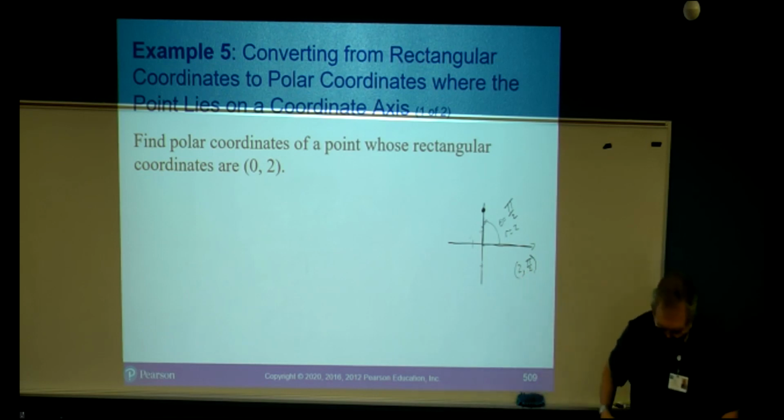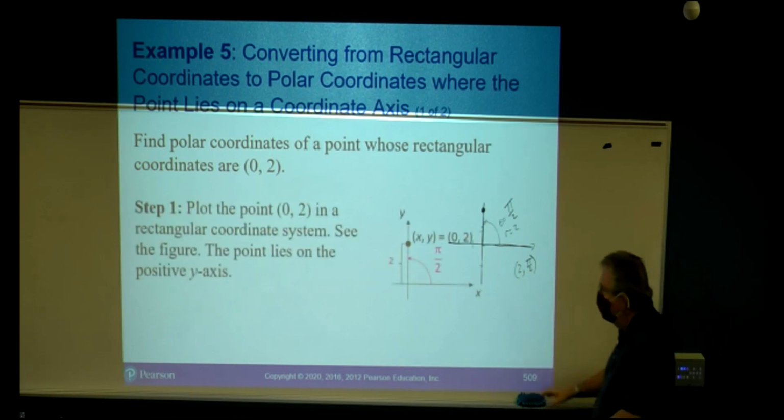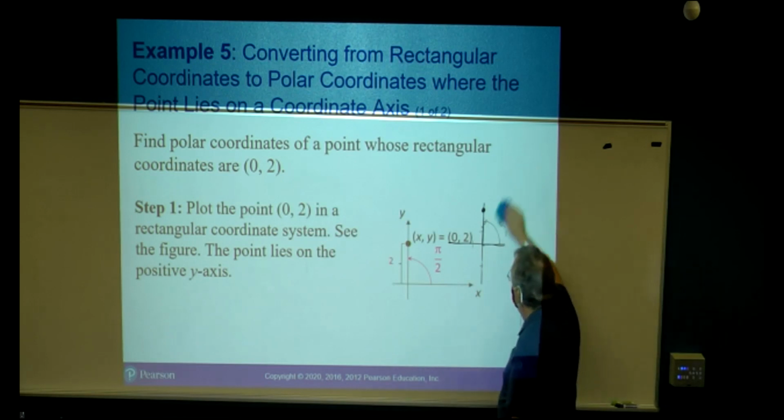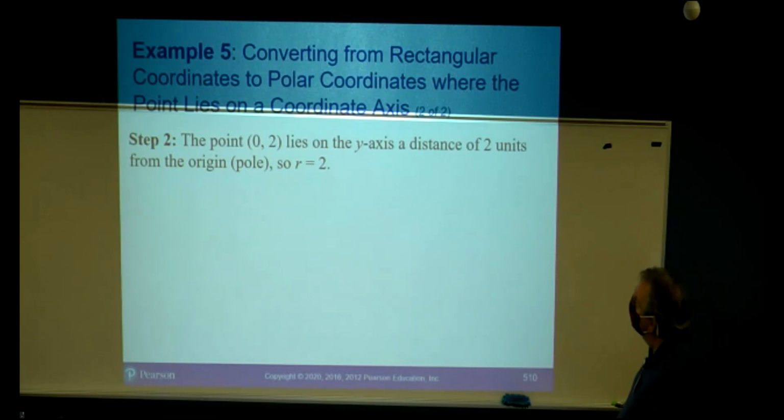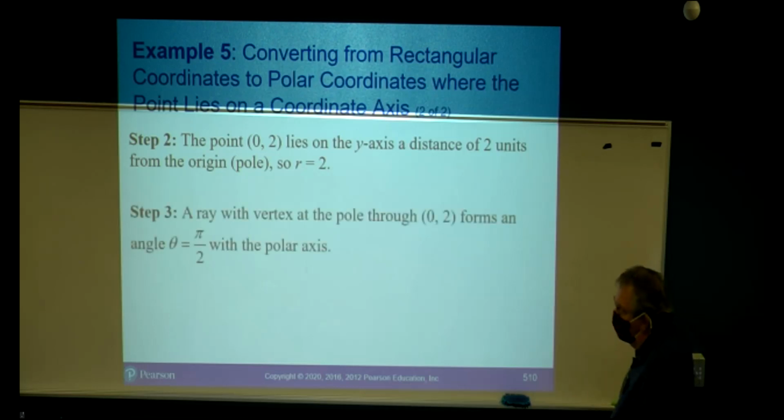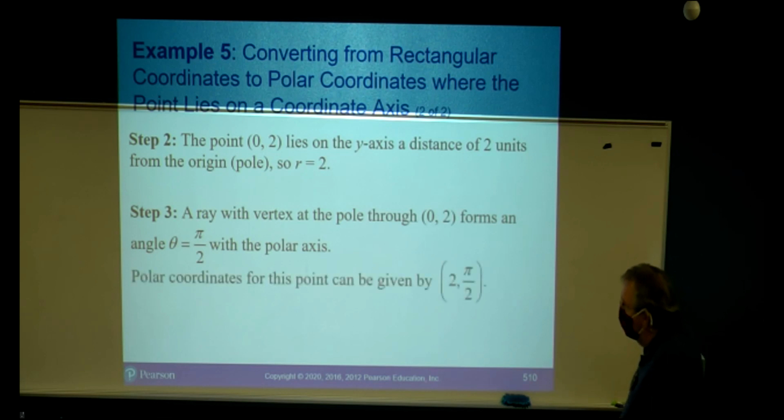They're going to go through the process here of asking about the quadrantal angles. The point lies on the positive y-axis, so that's pi over 2. And it's 2 units away from the origin, which is also the pole. So that's its radius. And so we get these polar coordinates.